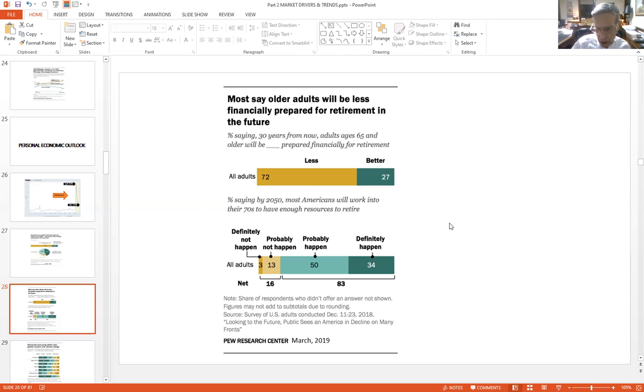And therefore, another expectation was that seniors would work beyond the age of 65 and into their 70s. And 84% of people felt that either probably or definitely that would happen.